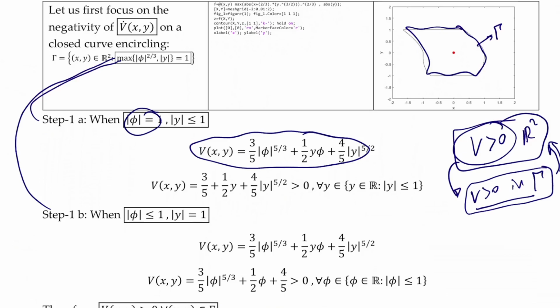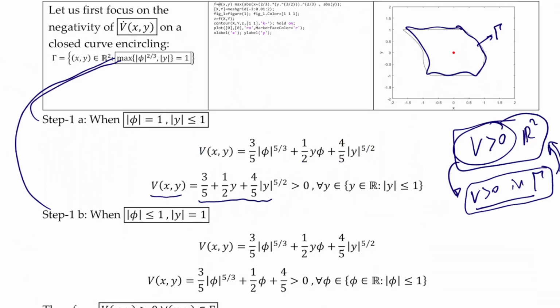If you do the required manipulations, you get this V. Again, after some manipulations, you can see that V is strictly positive. And this is important. I'm not stating V can also be 0 on this closed curve encircling the origin. I'm saying V will be strictly positive on this closed curve encircling the origin, this set.